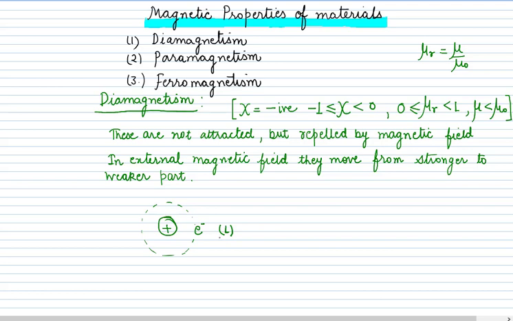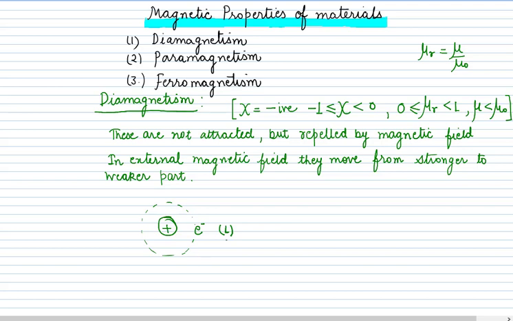So for all the diamagnetic materials, the net orbital angular momentum is 0. Because those electrons which have the orbital magnetic moment in the same direction slow down, and those in the opposite direction speed up.